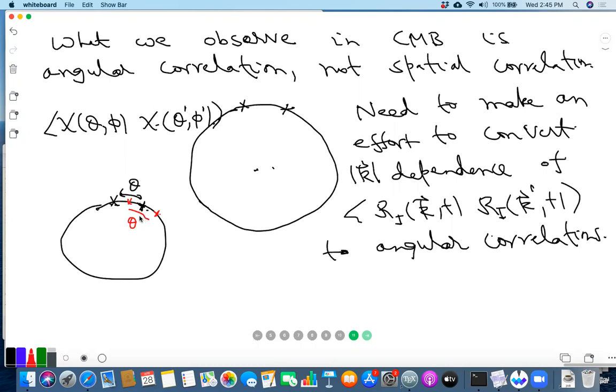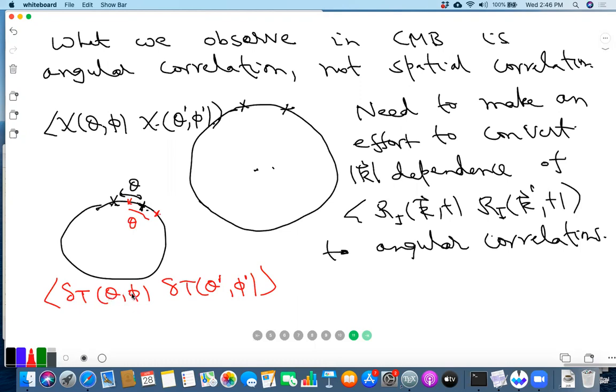But what does that mean for the temperature? What are we measuring? The temperature, delta T. We look at a given direction in the sky and calculate how much the temperature varies from the average CMB temperature.